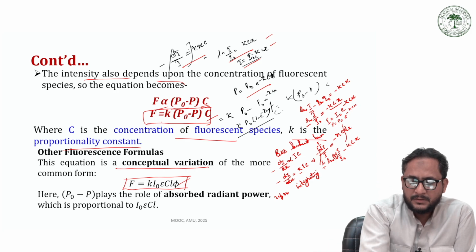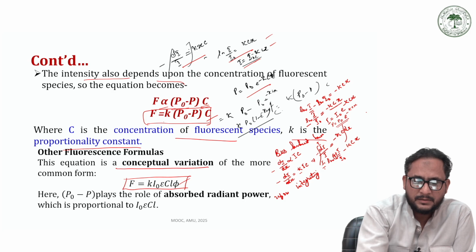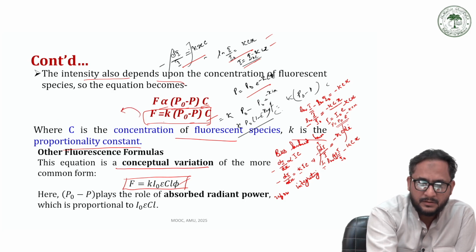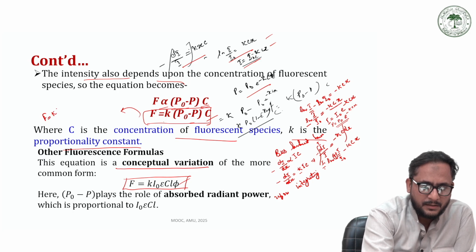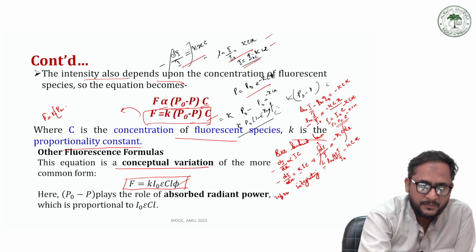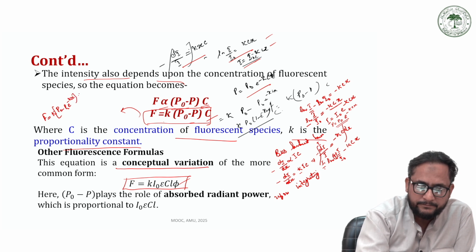Now since we have this equation, P is equal to P naught e to the power minus k c x, putting this value of P into the fluorescence equation, F will become K into P naught minus P, and this P is equal to P naught e to the power minus k c x, and then we have this term c.